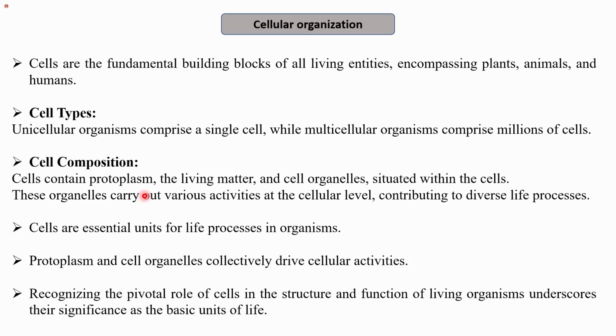For example, inside the cell there are DNA, RNA, proteins, and many other components. If I talk about cell organelles like mitochondria, which we all know is the powerhouse of the cell, it leads to the synthesis of ATP and provides energy to the cell.